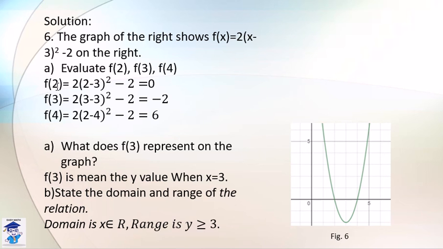So plug 2 into the function: 2 times the perfect square of 2 minus 3, and then minus 2. This answer is 0. And if x is 3, the value of the function is negative 2. And if x is 5, the function is 2 times the perfect square of 5 minus 3, and then minus 2, this answer is 6.